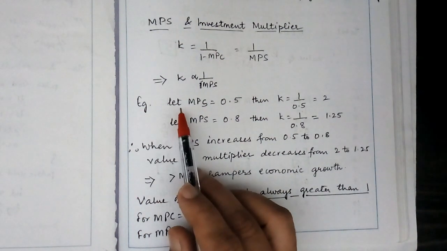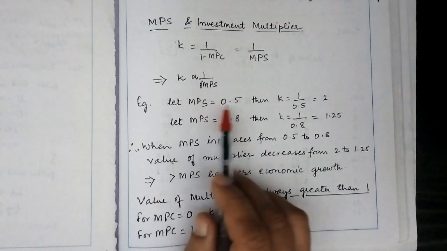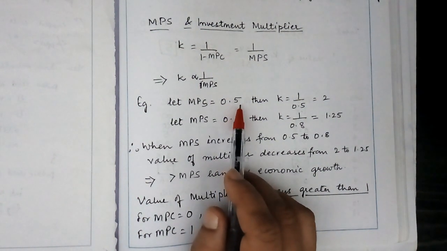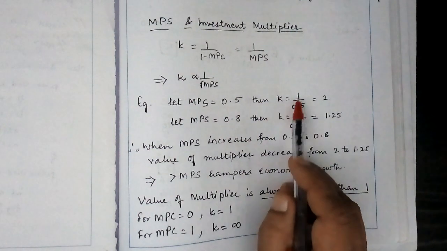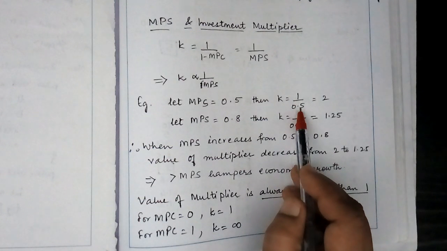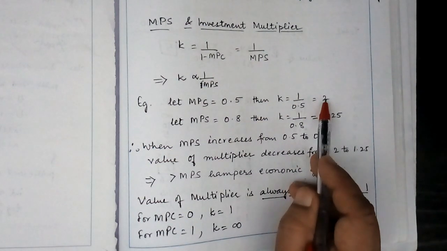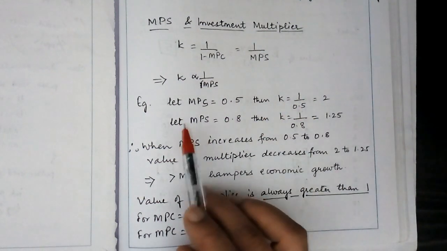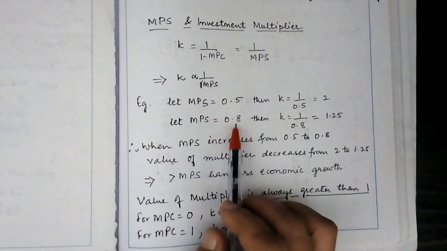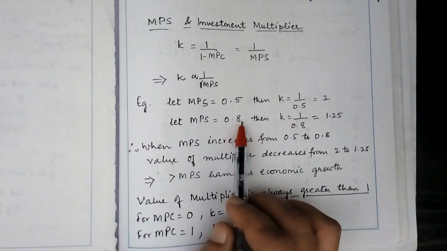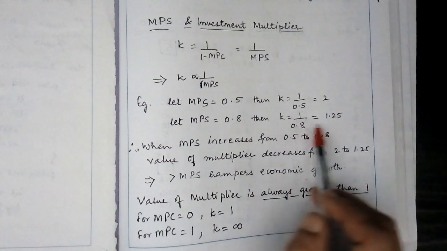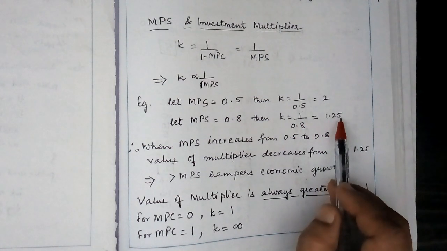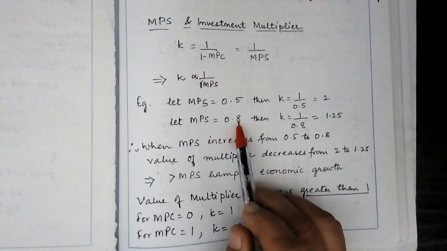Now let us see an example where MPS is 0.5. In that case, the investment multiplier will be 1 by MPS, which is equal to 2. Now when the MPS increases to 0.8, then the investment multiplier is 1 by 0.8, which is equal to 1.25. What happened when savings increased?